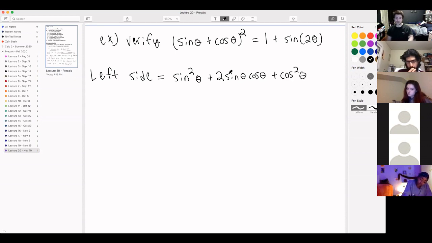So that's what you get when you multiply out this set of parentheses. Now, what if I bring these two terms together, if I just move them next to each other? Well, look at this. I'll have sine squared theta plus cosine squared theta plus 2 sine theta cosine theta.